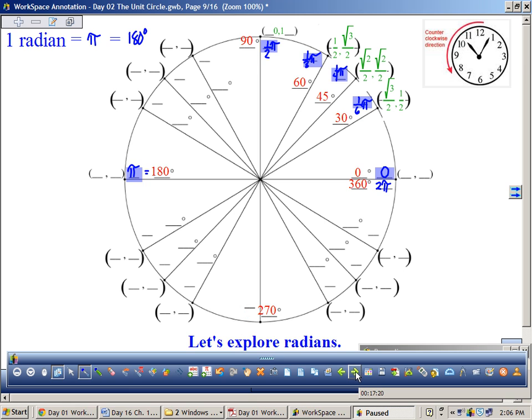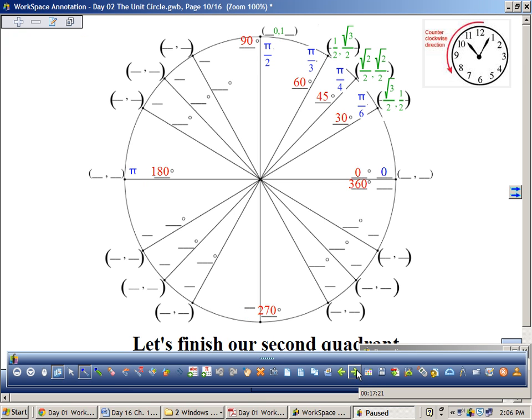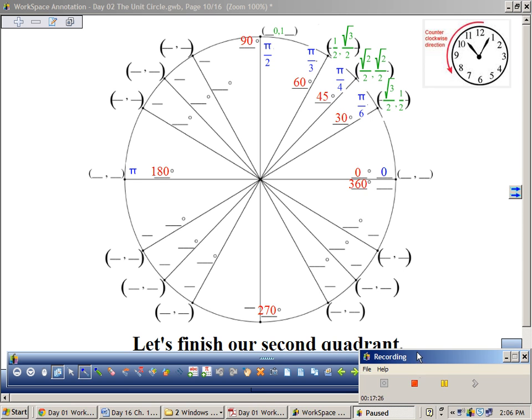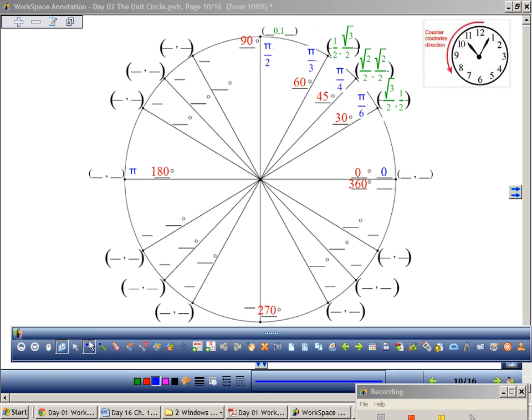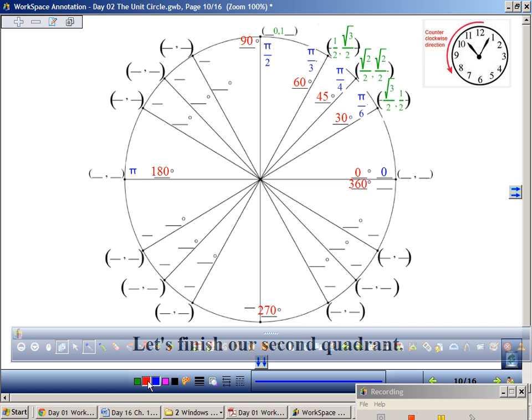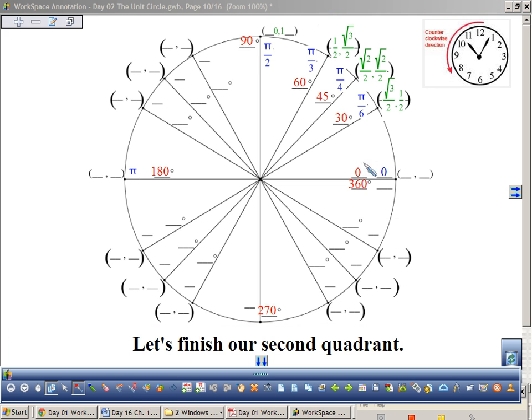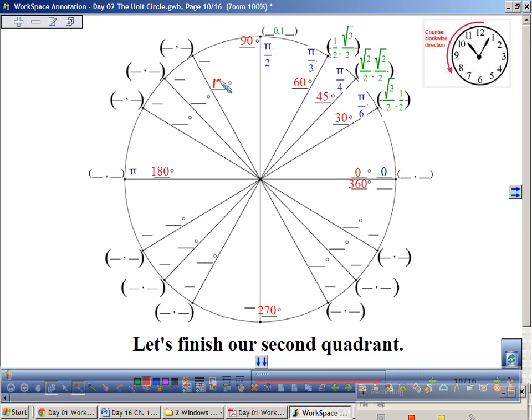Okay, so that's radians. Now let's finish our second quadrant. Just like I was saying, let's start with the degrees first. If this is 90 degrees, then what's this one? Remember what I said? This would be 120.